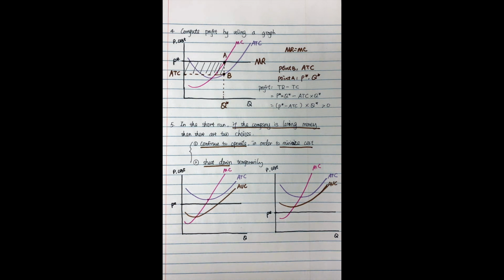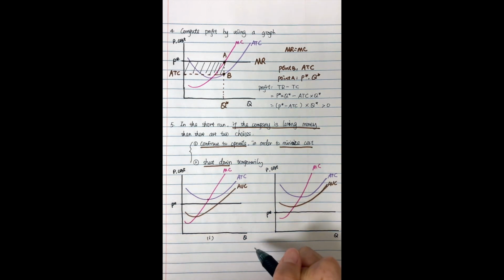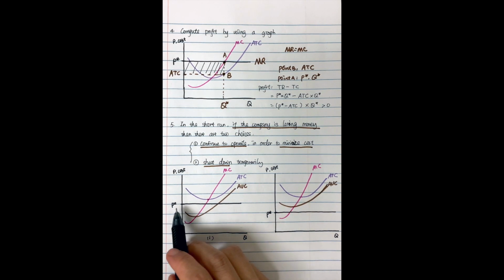So let's look at in which cases we will use which choice, okay? Let's look at the first one. So I put these two graphs together for you to more easily compare these two choices, okay? So let's look at the first one. You can notice at this first graph, I put one here. At this first graph, I still have their market price equal to P star, okay?